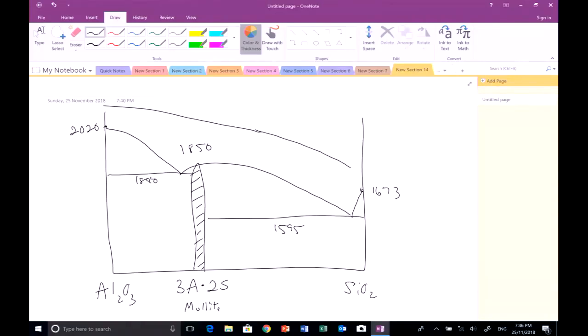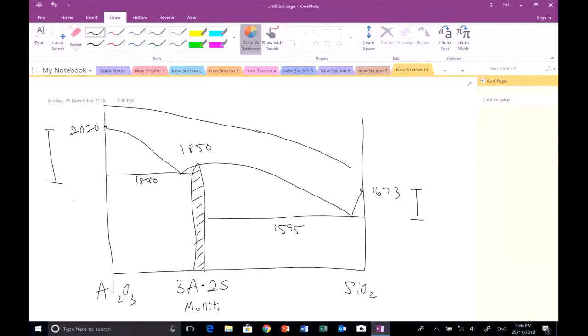So the first thing we look at is the slope of the liquidus surface. The second thing we notice is the temperature drop from here to here, and the steepness of the liquidus surface. So we look at the alumina side, and you see the temperature drops from 2020 to 1840.